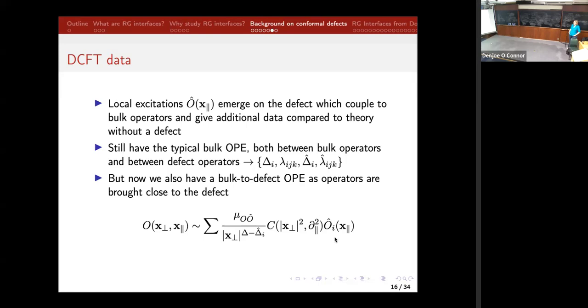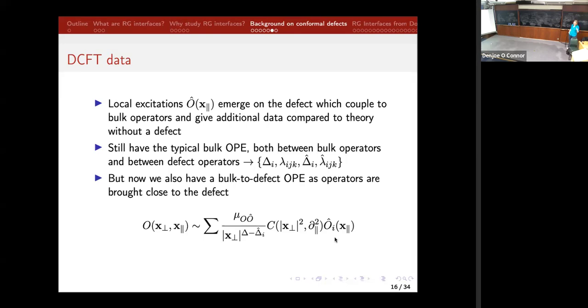So we still have the typical bulk operator product expansion, where you're bringing two operators in the bulk really close together. But now you can also have the bulk OPE with operators that are localized on the defect. And in addition, you can have a bulk to defect OPE.